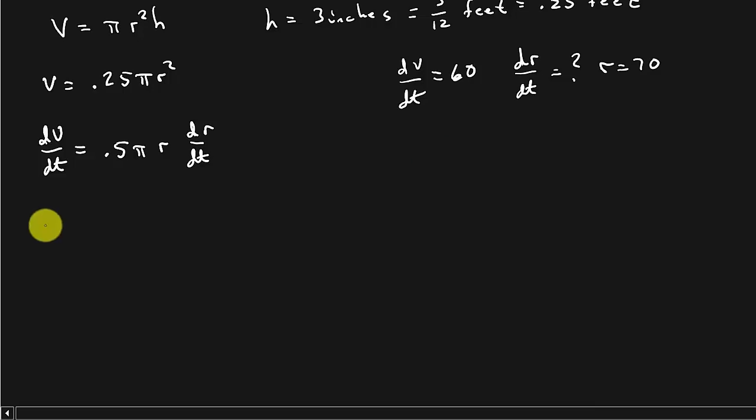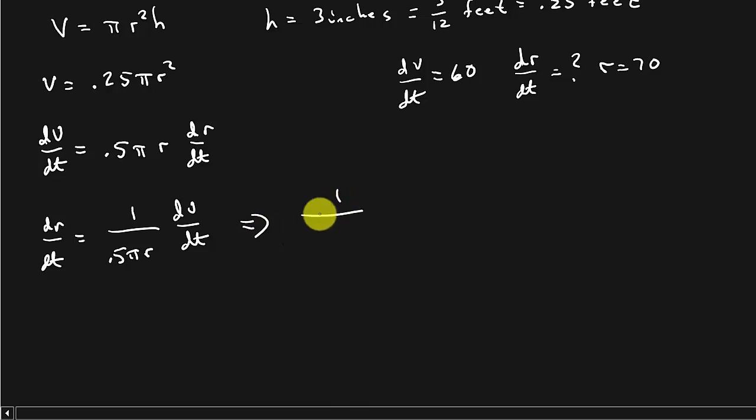All right, so I'm going to get dr dt is equal to 1 over 0.5 pi r times dV dt. And now we plug everything in. So I've got dr dt is equal to 1 over 0.5 times pi times 70.